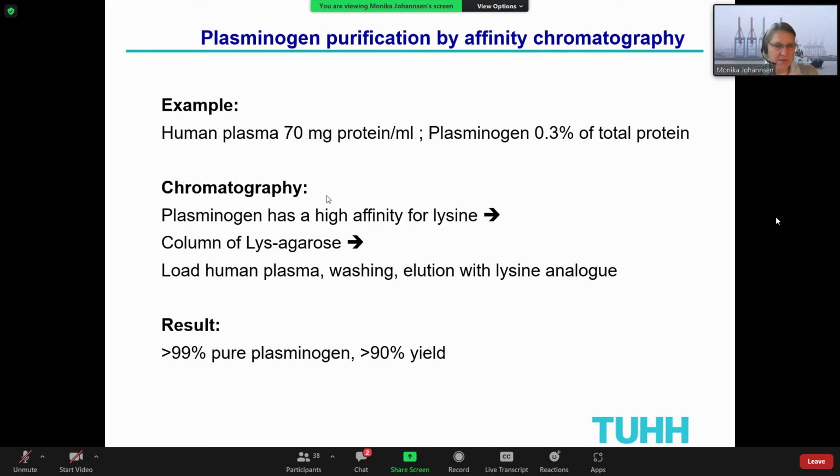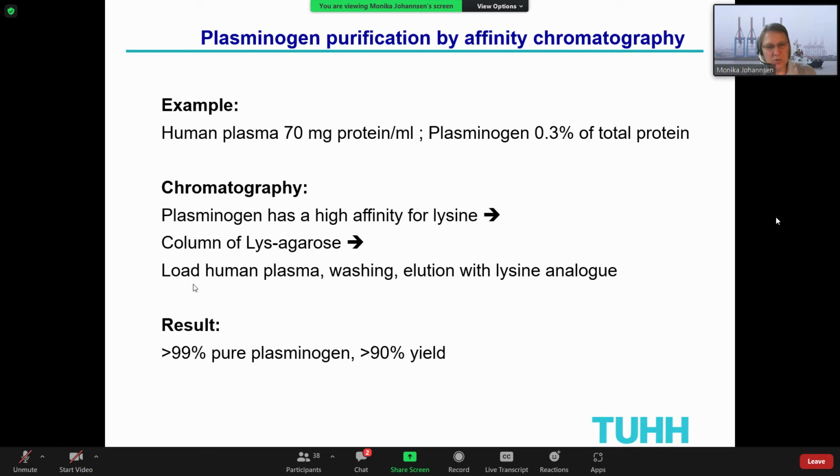Okay, one example for that is the plasminogen separation from human plasma, where plasminogen is only 0.3% of the total protein, and the total protein is 70 milligram. We saw that plasminogen has a high affinity to lysine. So we can build a column with lysine as a ligand on agarose, for example.